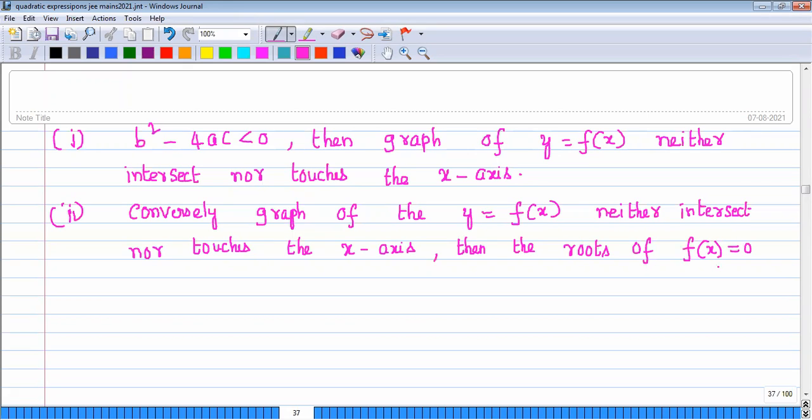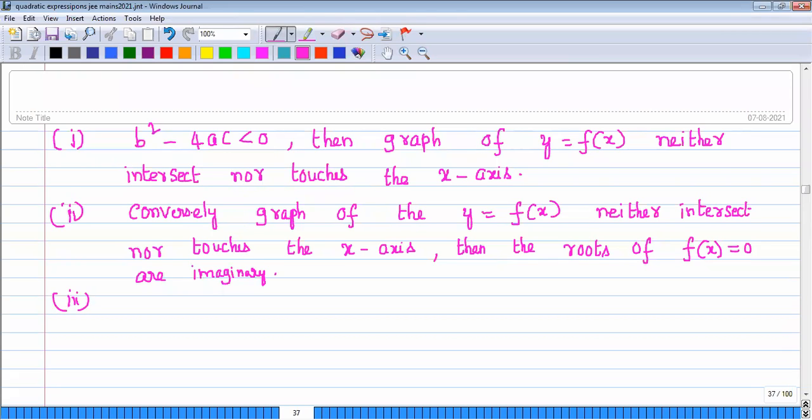This f of x is equal to 0 is known as the corresponding equation, or auxiliary equation, to the given expression f of x. And also one more thing you said, that's absolutely correct.